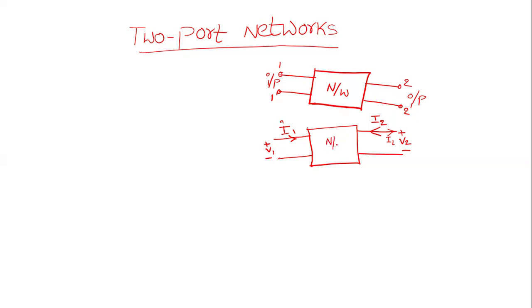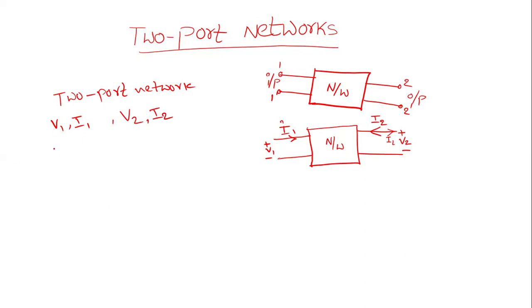So this is the general two-port network model. Whatever currents we consider, this is I1, this is I2, and this is V2. In a two-port network, V1 and I1 are the input voltage and current, and V2 and I2 are the output voltage and current.